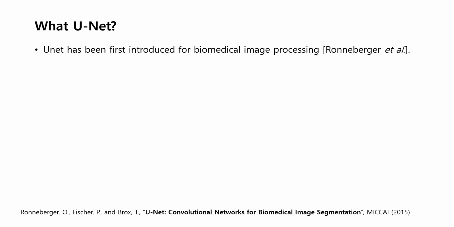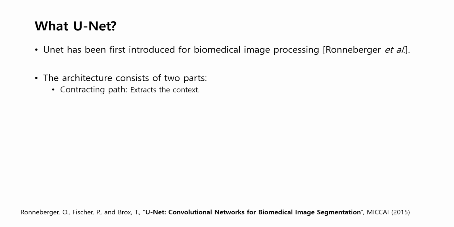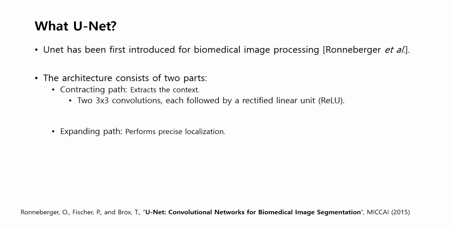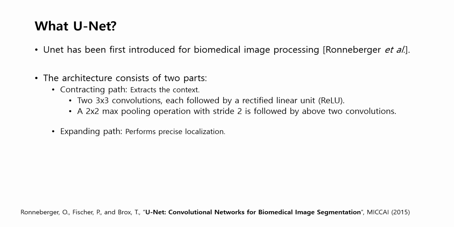Then, what is UNet? UNet was first introduced for biomedical image processing. The architecture consists of two parts: the contracting path that extracts the context and the expanding path which performs precise localization. In the contracting path, there are two 3x3 convolutions, each followed by a rectified linear unit, and a 2x2 max pooling operation with stride 2 follows the above two convolutions.